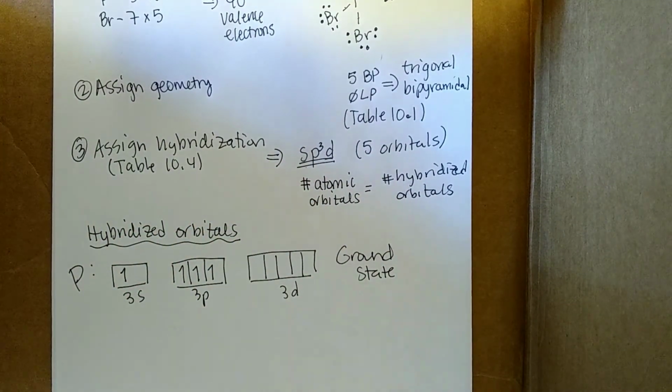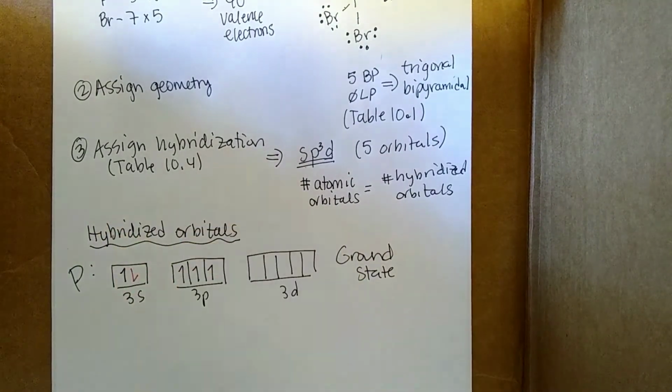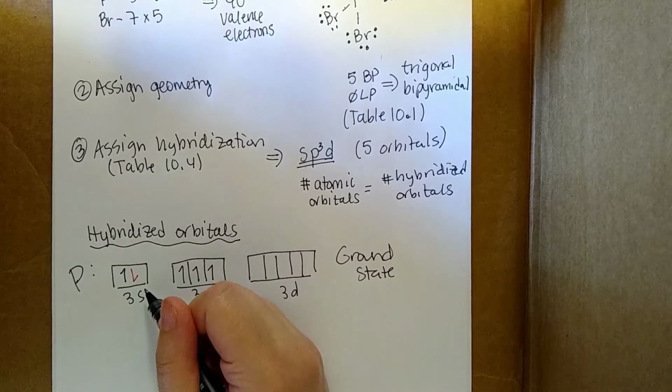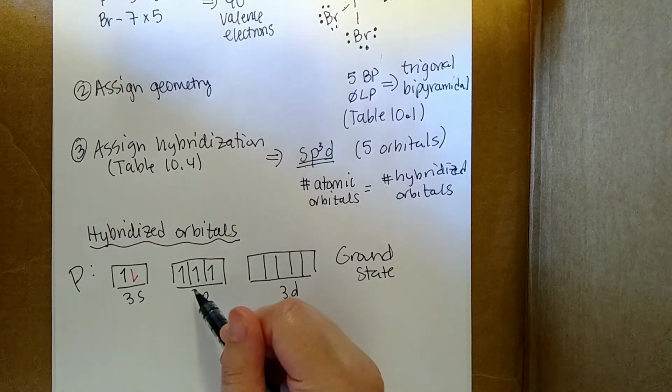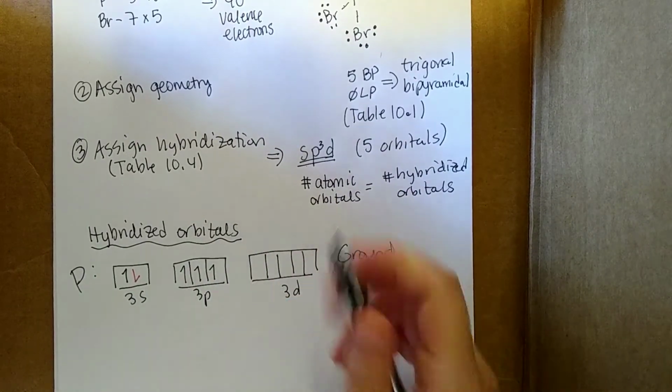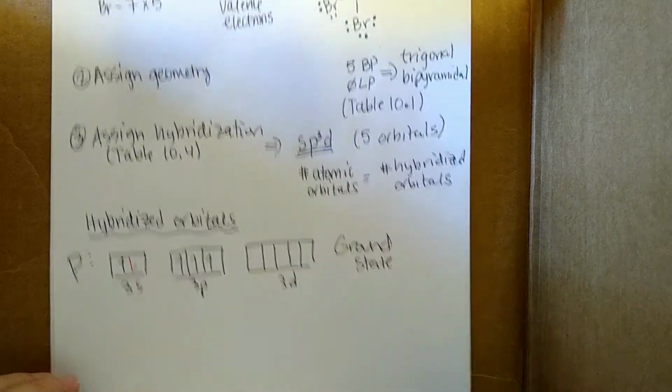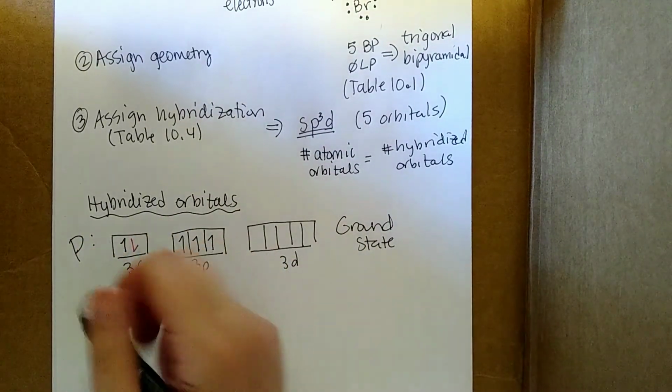And I'm going to draw everything that's doubly occupied in red, and you'll see in a moment. So we have a doubly occupied 3s state, singly occupied 3p states, and empty d orbitals for now. And this is, once again, for the ground state.